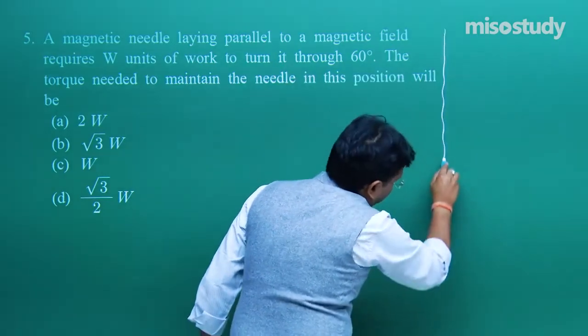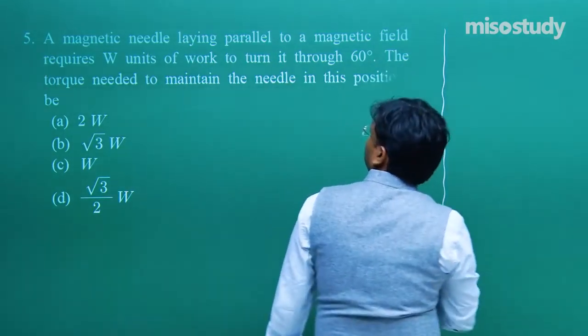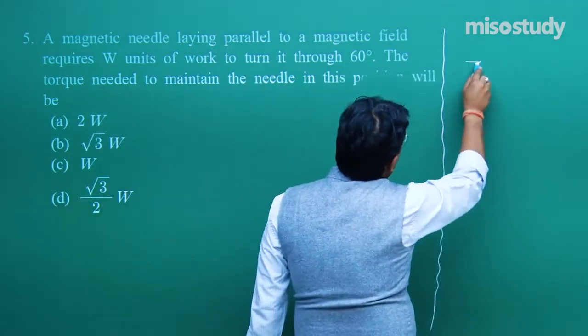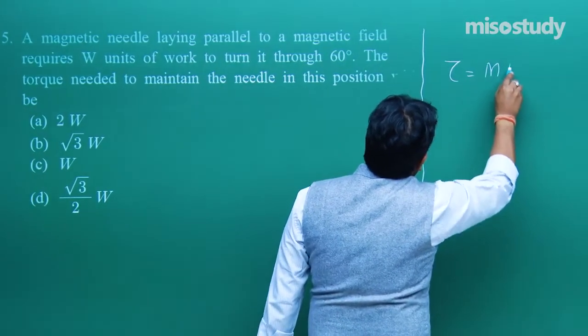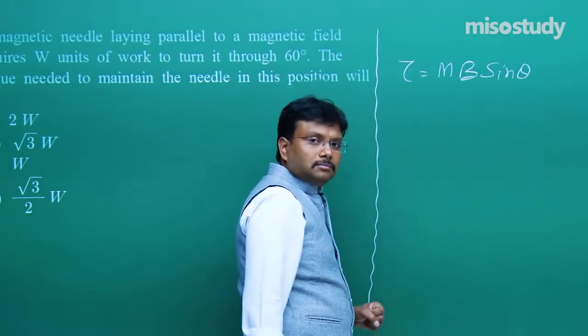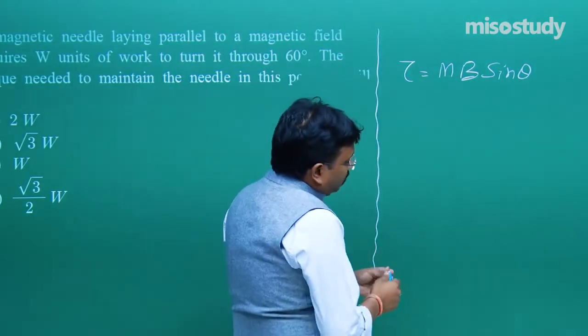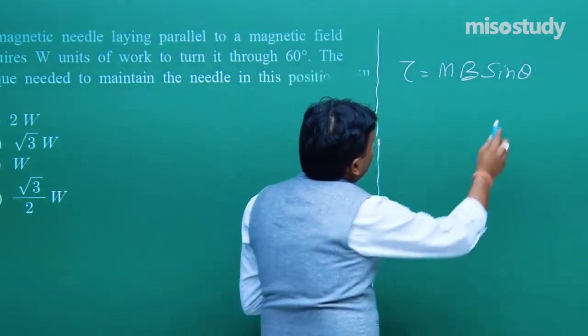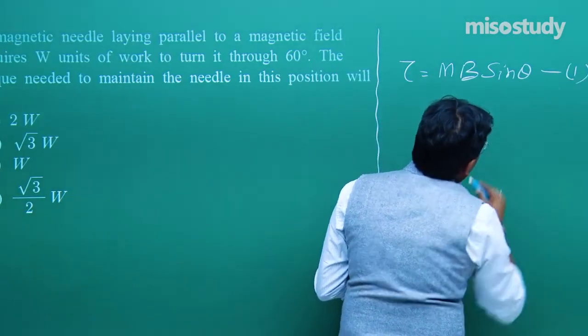Students, we know tau is equal to mB sin theta. This basic formula. Tau is equal to mB sin theta, let's say equation number 1.